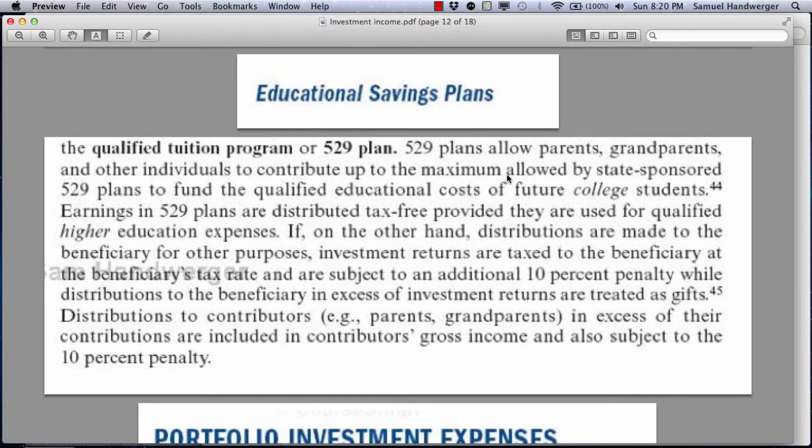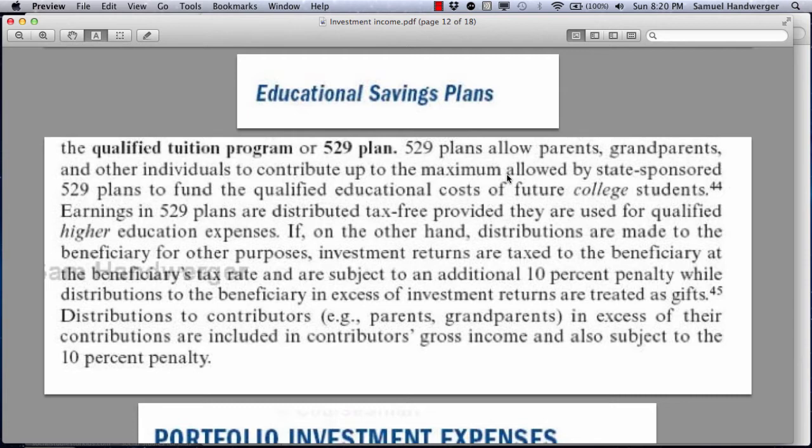So that's a pretty powerful way to give away some wealth, because you can do it today. You can do 5 years of annual exclusions to somebody today. I'm not going to ask that on the test, but just wanted to impress upon you that 529 plans are something to be looked at.